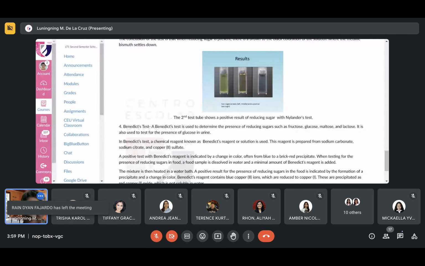Yun lang. Okay po, and thank you po. Plastic bag for the dialysis. Yung food grade na plastic. Okay, pwede din ang cellophane pero mas preferred ko yung food grade na plastic.